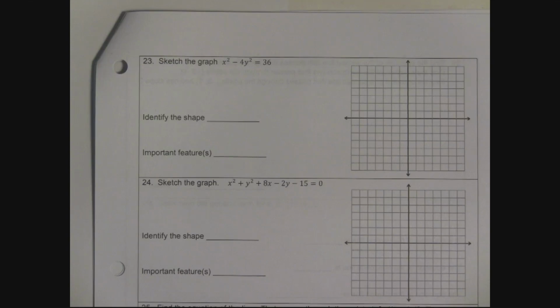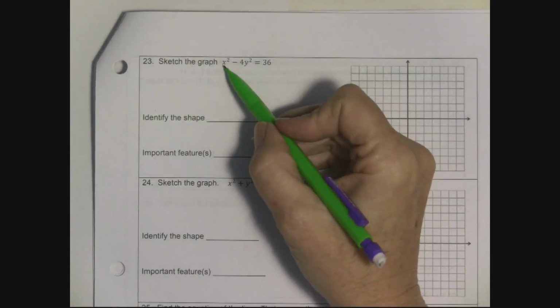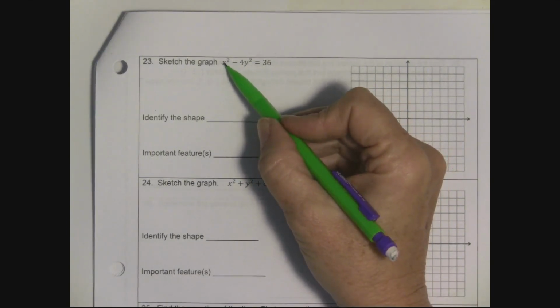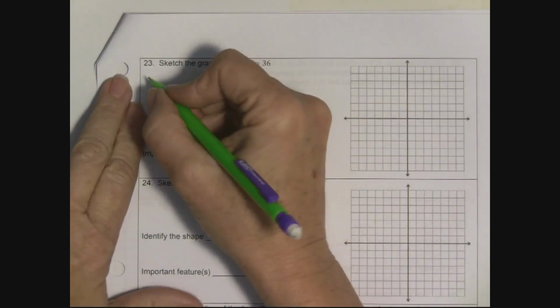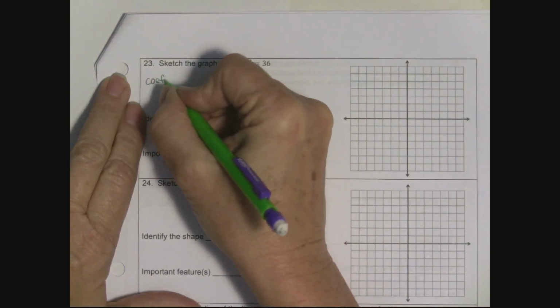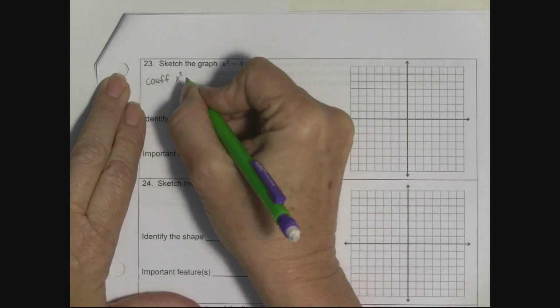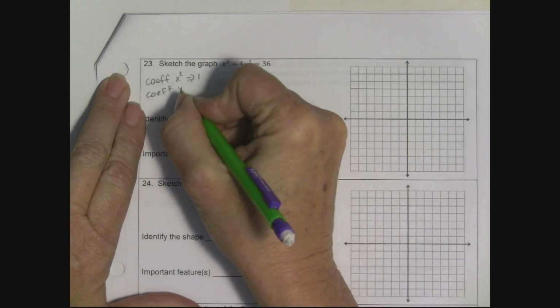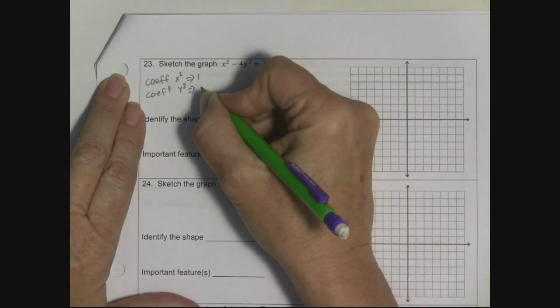Okay. And so sketch the graph. So I have to figure out first what it is. So I notice that it's quadratic in x and quadratic in y. This is what I'm thinking in my little head. The coefficient of x squared is 1. And the coefficient of y squared is -4.